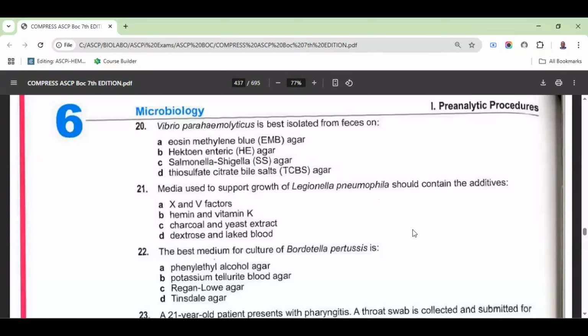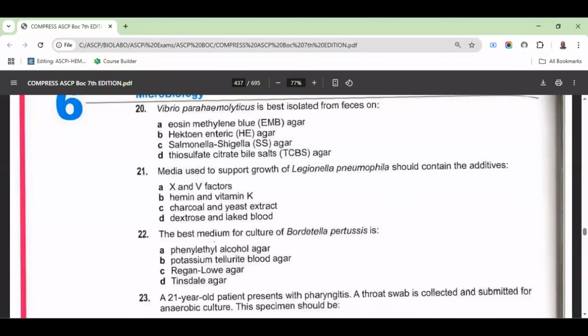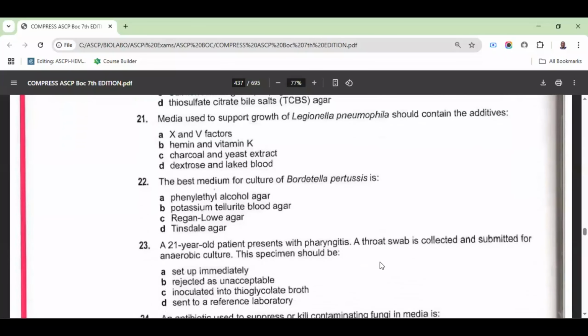Then we have the best medium for culture of Bordetella pertussis, for whooping cough. Which one do we use? You remember this one.